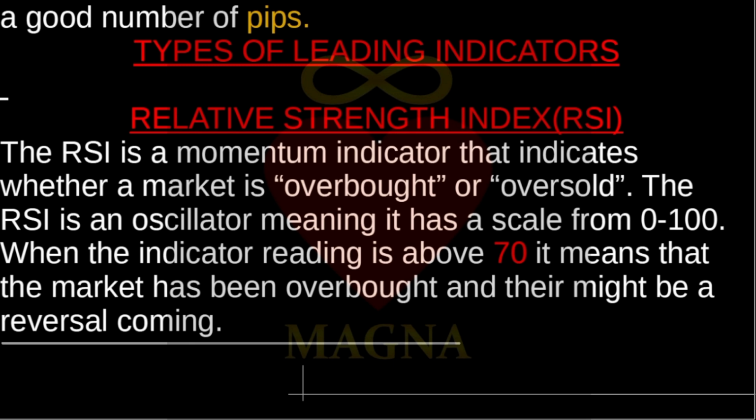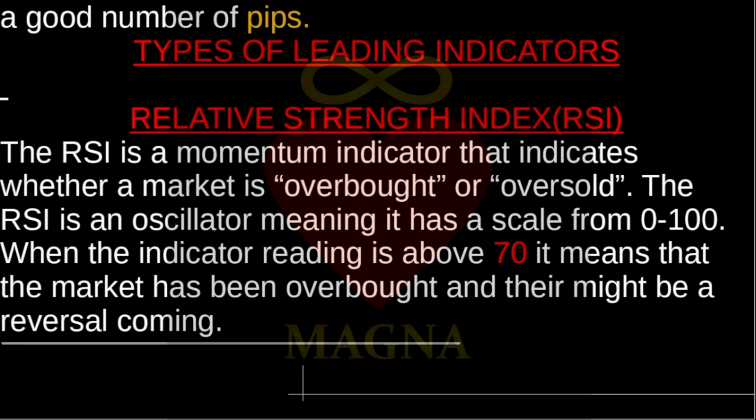You start with the relative strength index, or the RSI. I'm sure most of you have heard of this indicator, and some of you might have used it. The RSI is a momentum indicator or an oscillator that indicates whether a market has been overbought or oversold.